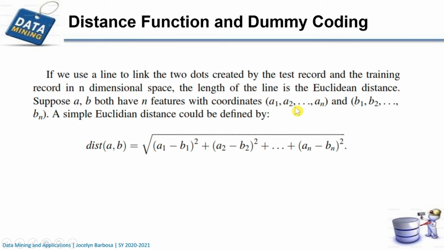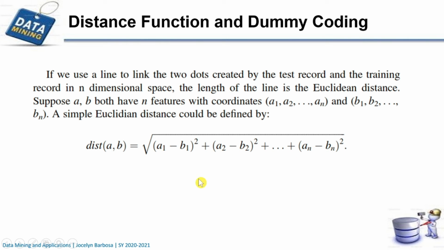But here, we have more than two features. That's why we have A1, A2 to An, and B1, B2 to Bn. So a simple Euclidean distance could be defined by the square root of (A1 minus B1) squared plus (A2 minus B2) squared, and so on and so forth.